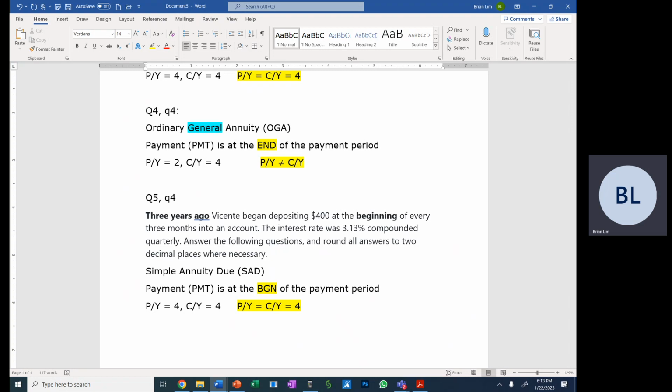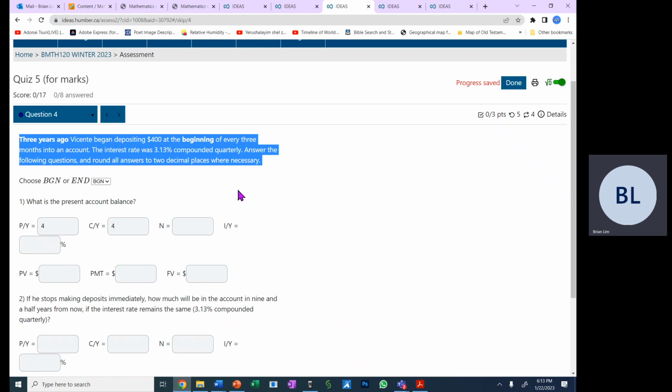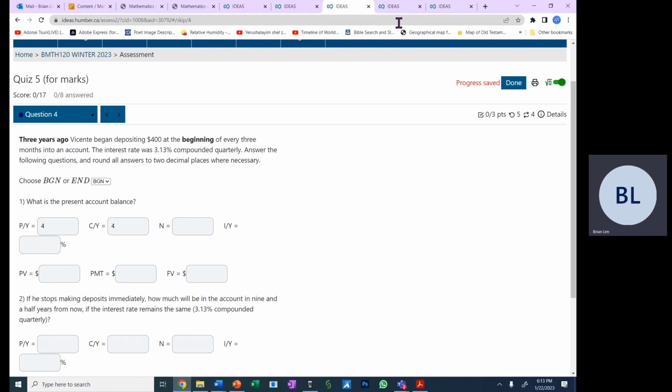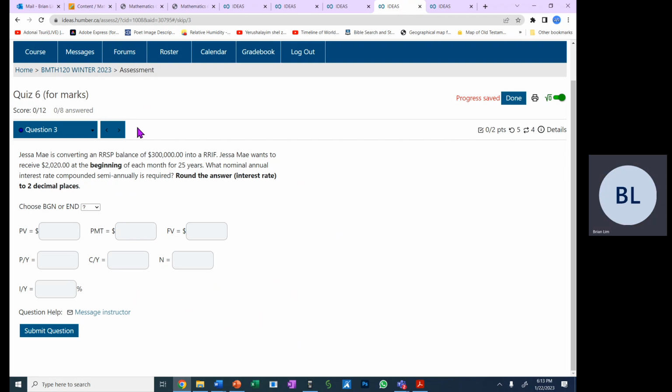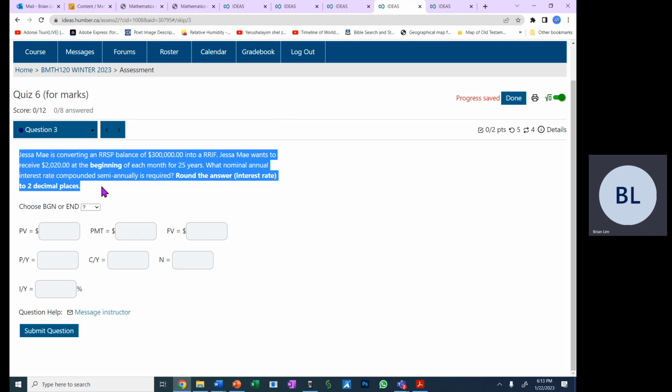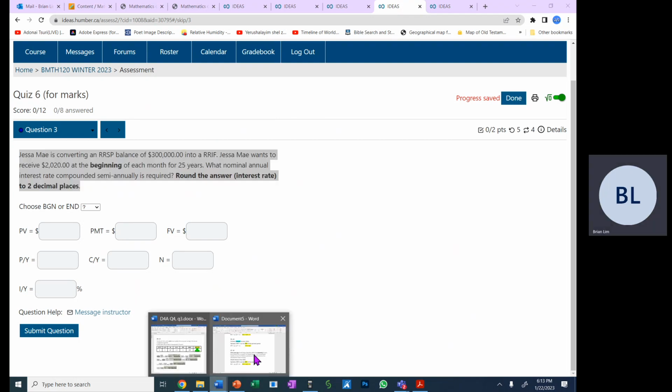All right, so there's one other type, and that we will go to another example. I'll go back to those ones and get the actual question. So this one is quiz 6, question 3. So let's copy this and let us paste it in here.